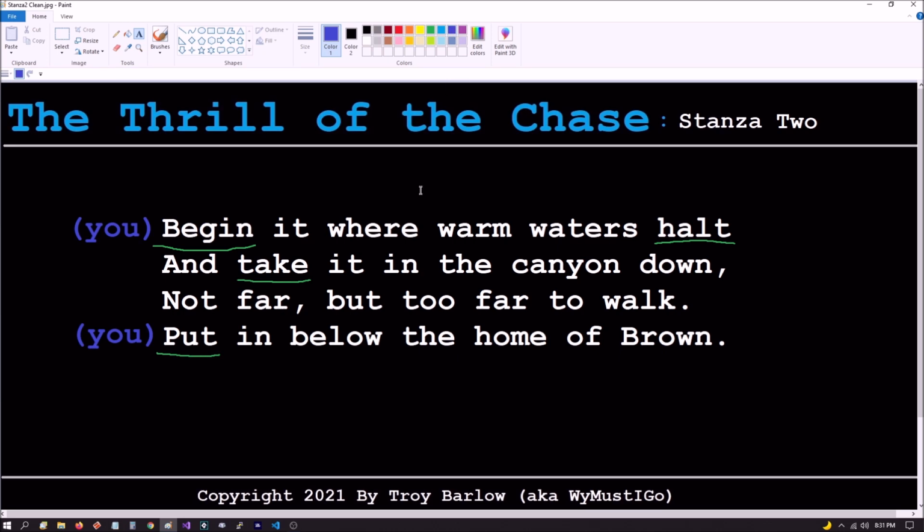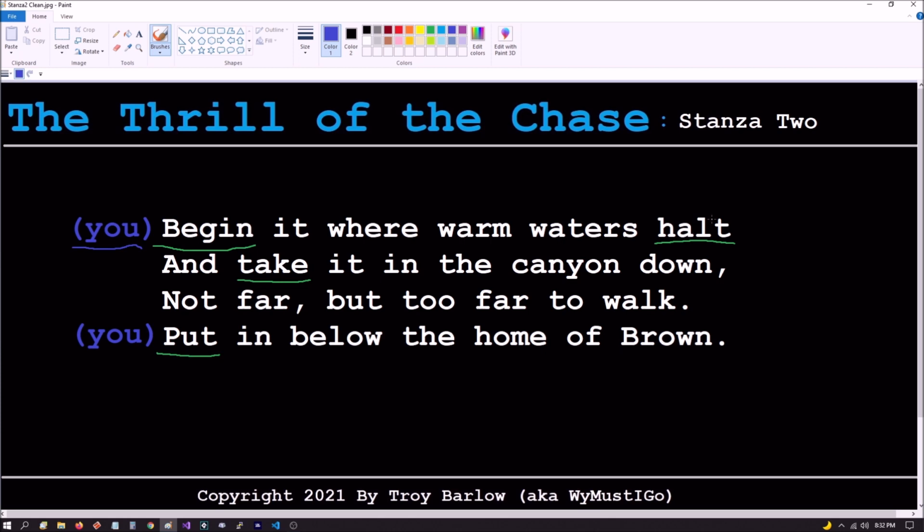Okay, so we're looking for the nouns now, or the subjects. So we go through here now, and obviously this is the subject. This is who is being told to begin. Okay, so that's the subject for that verb. What about this verb here? It doesn't have an object.